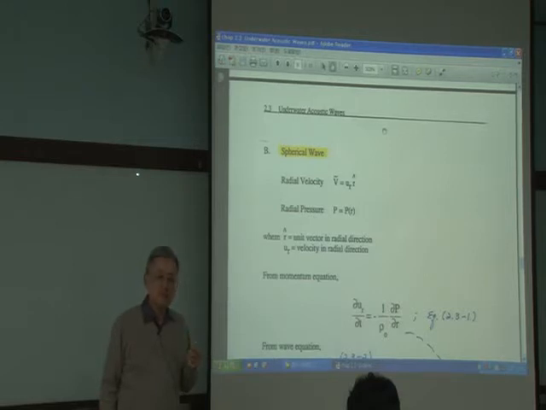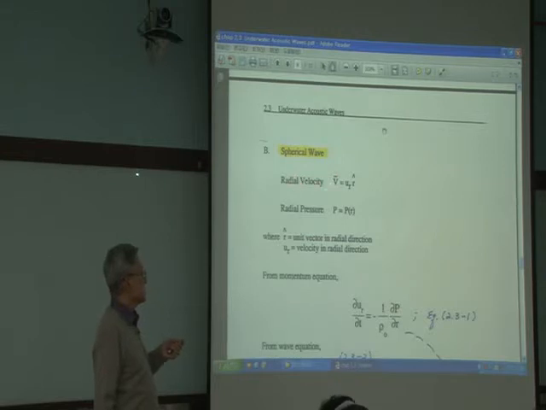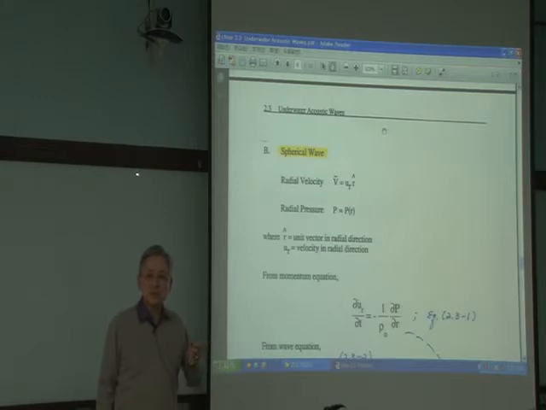Because V is a vector, I can express it through the radial velocity. U_r is the fluid velocity in the radial direction. That's a scalar quantity, of course. r hat is a unit vector pointing in the radial direction.